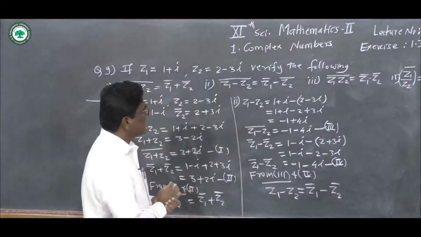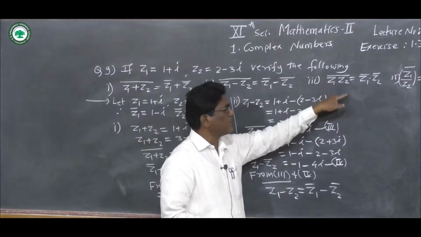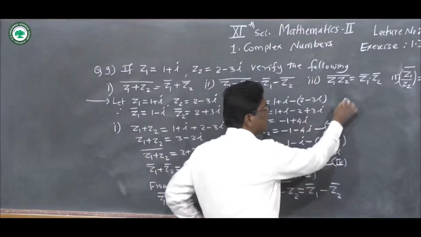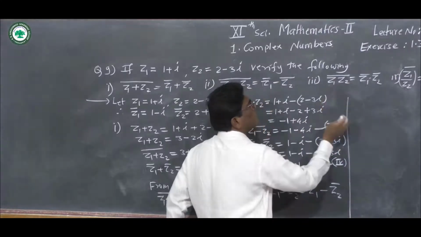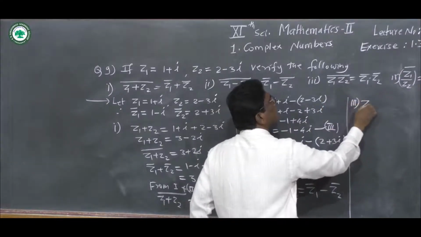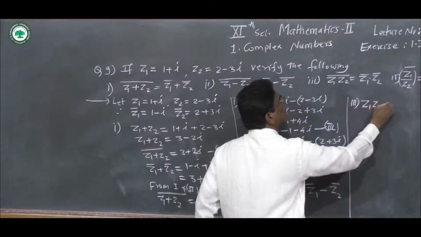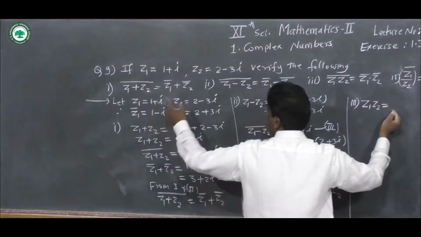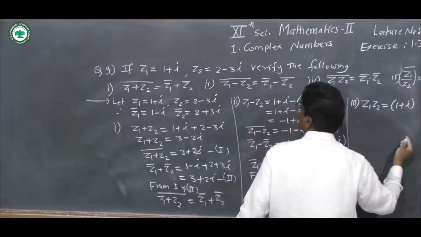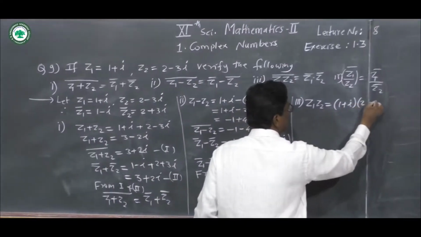Now we see the third, that is z1 z2 bar is equal to z1 bar into z2 bar. So firstly we take z1 z2. Put the value of z1, that is 1 plus i, then z2 is 2 minus 3i.